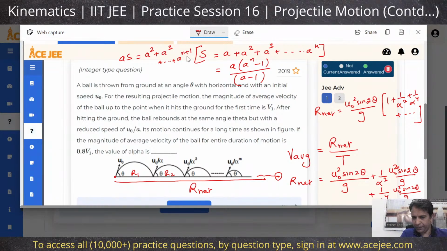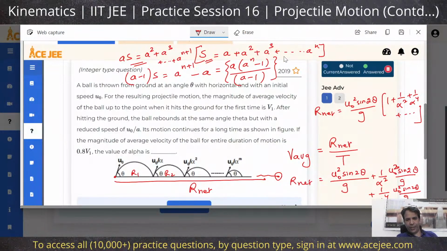Subtracting, a minus 1 times S, the a square, a cube terms cancel out, and you get a to the power n plus 1 minus a. So that's where Ruchika said it should be a into a to the power n minus 1 upon a minus 1. Now, what is a in our scenario?